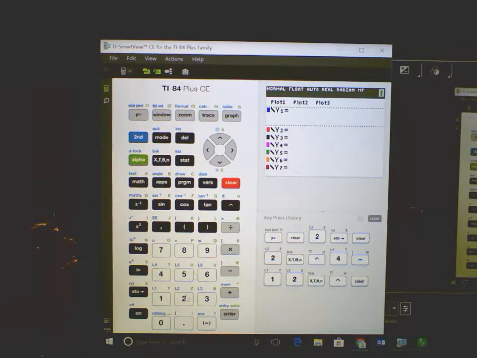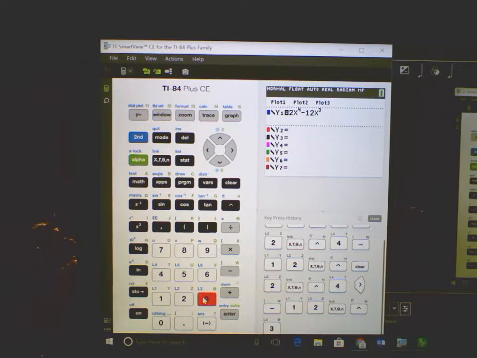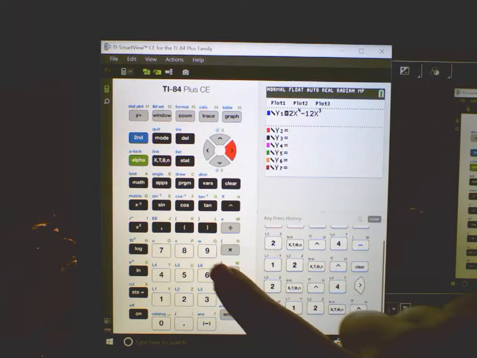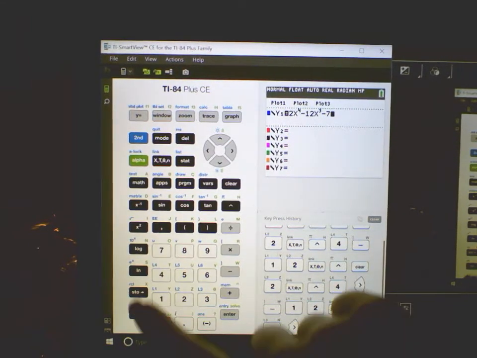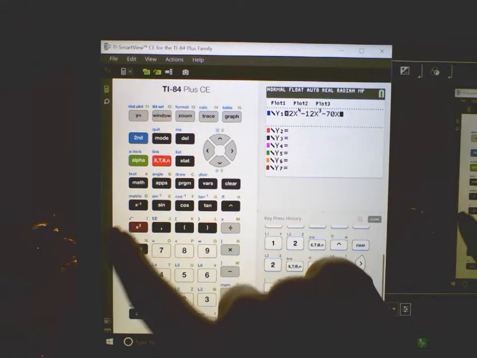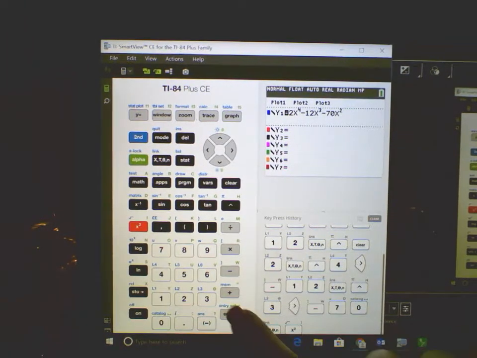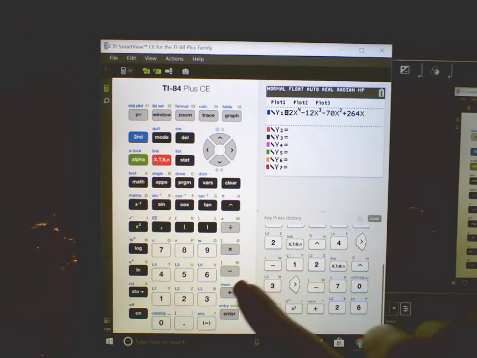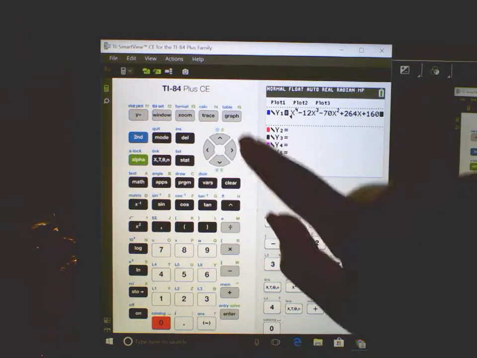I'm sorry. 2x to the fourth minus 12x cubed minus 70x squared plus 264x plus 160. We're going to look at the graph of that.